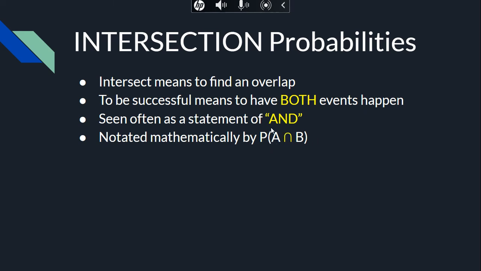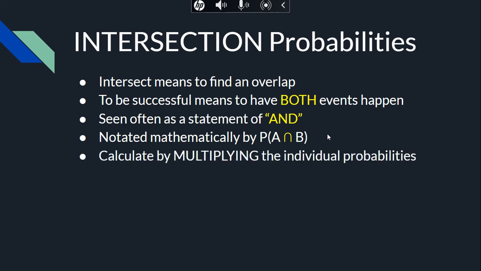This is saying that you want A and B to be true in order to win. So in order to do this, we calculate it by multiplying the individual probabilities together. So I will find the probability of A, I will find the probability of B happening, and then I will multiply those two together to find the probability of them both happening.